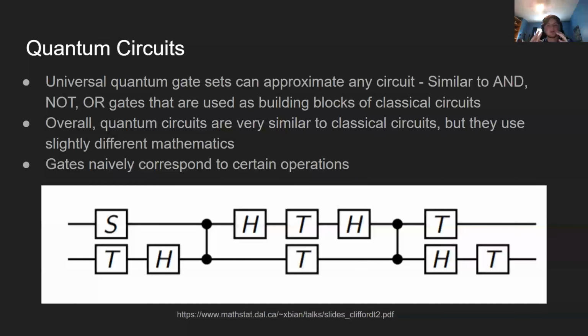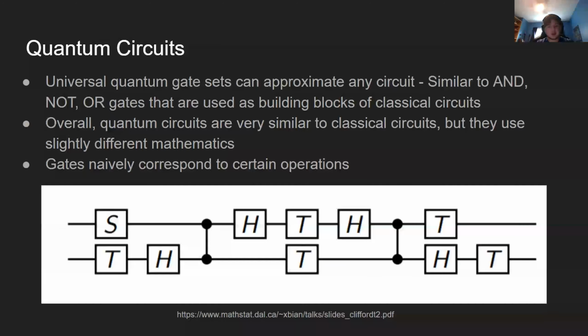Okay, so we have quantum gates that correspond to classical gates. So it would seem fairly clear that we would also have quantum circuits that correspond to classical circuits. And once you abstract it up to the circuit and gate level, they look almost the same. The only difference is obviously that instead of AND or NOT gates, for example, you have other quantum gates.